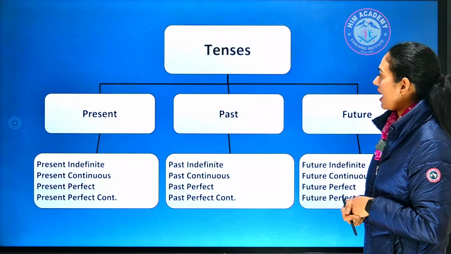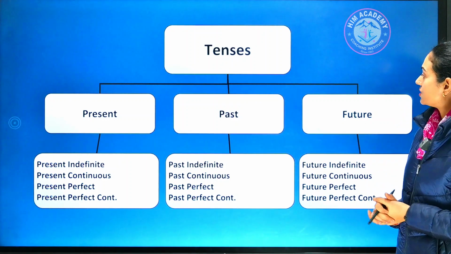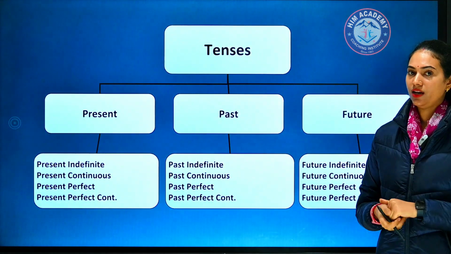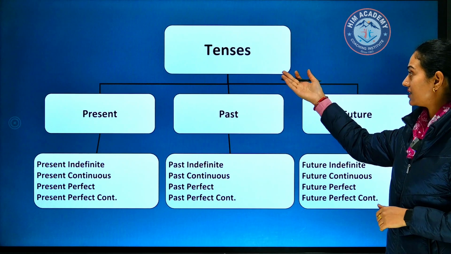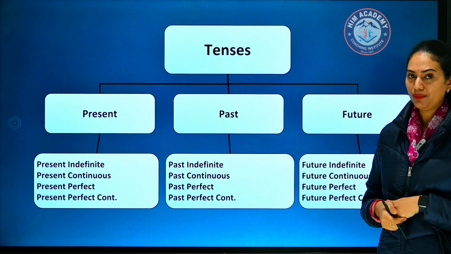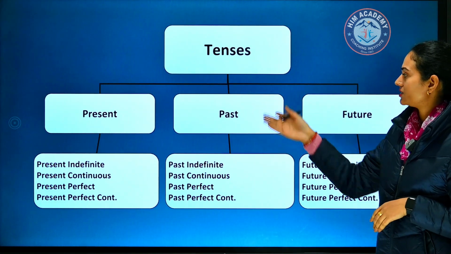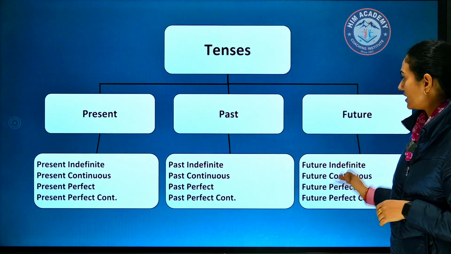Students, we have this chart here which describes the different tenses in the English language. Tense tells about time, and on a time basis we have present, past and future tense.